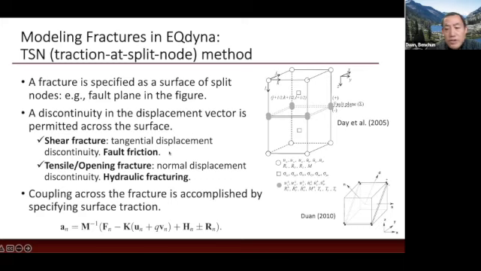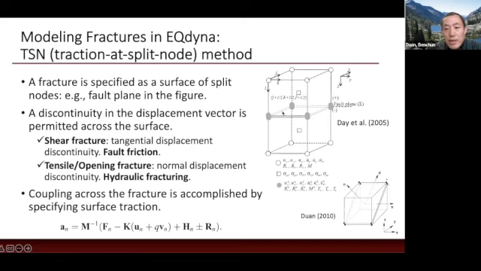We can handle shear fracture, and we can also handle tensile opening fracture, particularly recently, as we talk about geothermal hydrofracture. Our code is also trying to do some work on that topic.